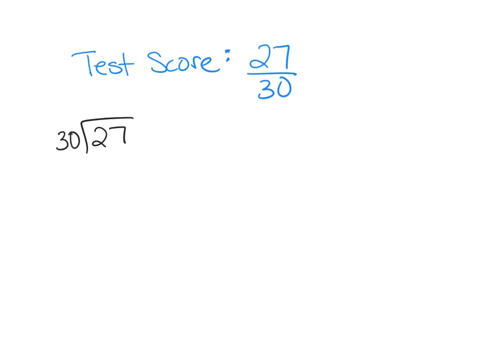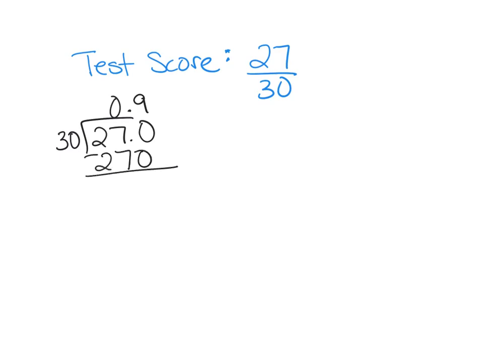I know that 30 does not go into 27, so I have to actually make a decimal and add a 0. And when I do that, I know that 30 goes into 27 0 times, and then I'm just going to go ahead and move on to this actually being 270 divided by 30, and I know that 30 goes into 270 9 times, and so that actually works out really great.